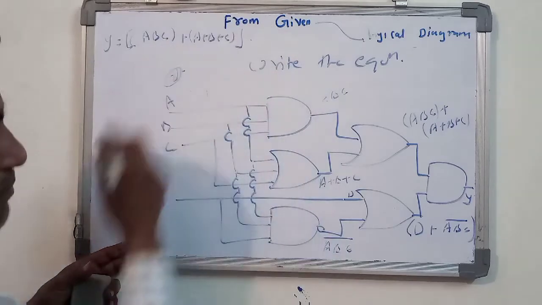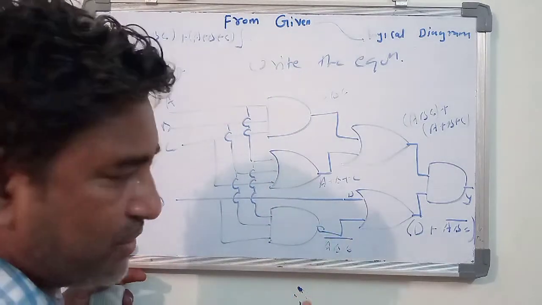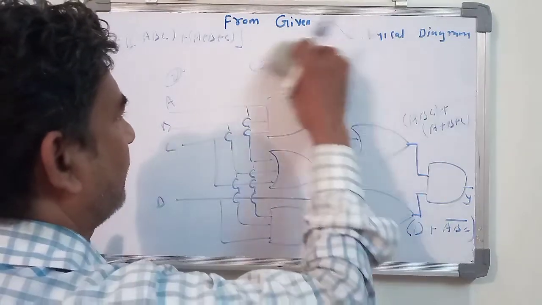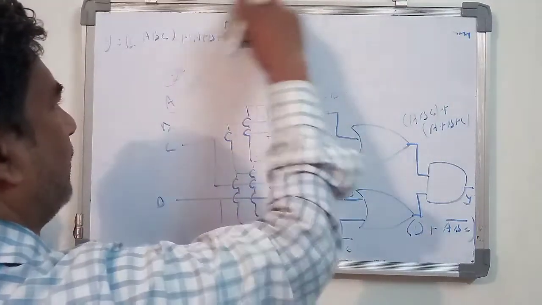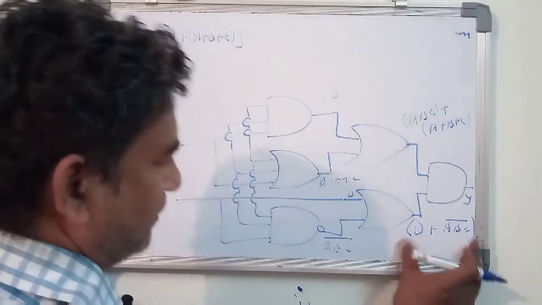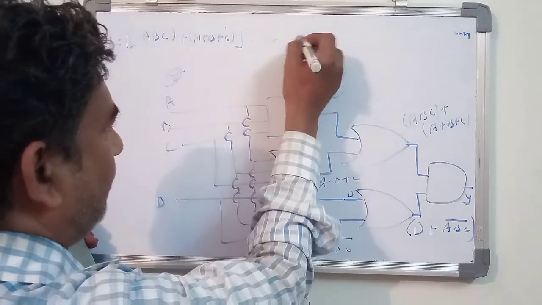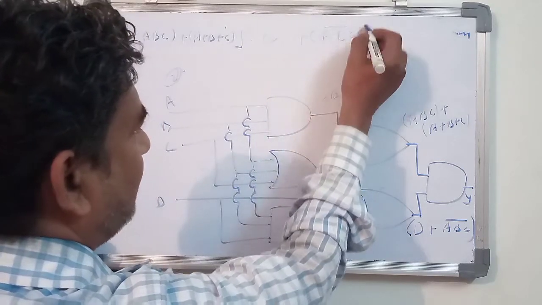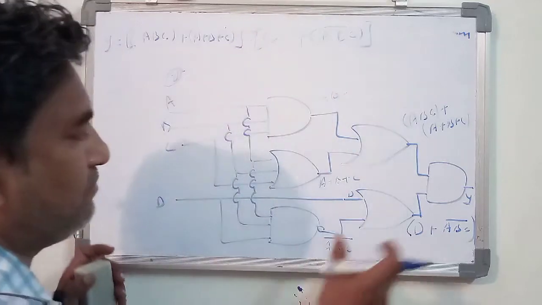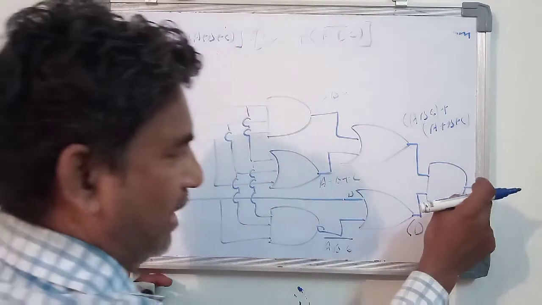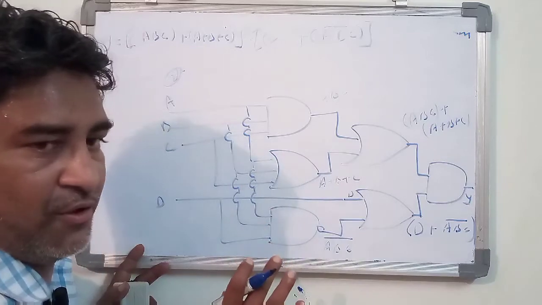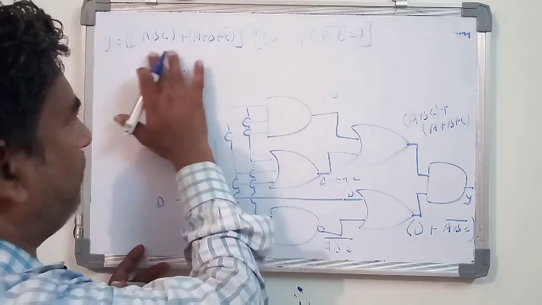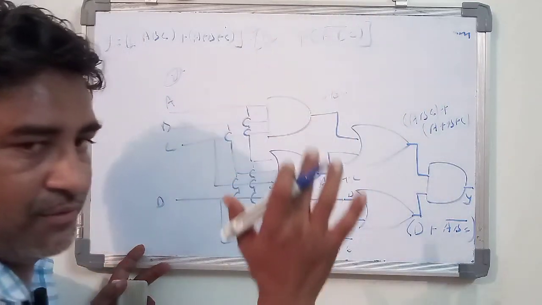Then a dot is used for multiplication, and this dot you have to write down like this, and this (D plus ABC whole bar). So this is the equation which is being calculated at the output of this logical diagram. According to that, from this logical diagram you will obtain the logical equation like this.